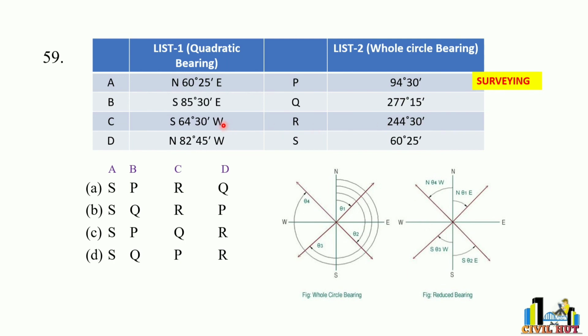C matches with R. And D, north 82 degrees 45 minutes west. We are measuring from here to here, so 360 minus 82 degrees 45 minutes is 277 degrees 15 minutes. So our option is A.